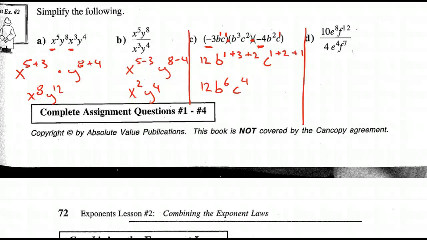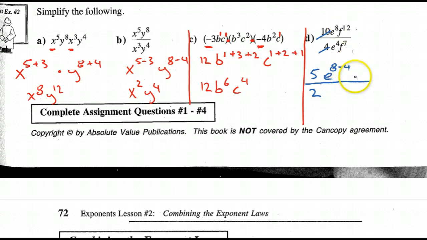Okay, here we go. Dividing now. Again, start with the coefficients. 10 over 4 can simplify to 5 over 2. Okay, now I got my e's. How many on top? 8. 4 in the bottom, so I'm subtracting because of the quotient rule, so 8 minus 4.